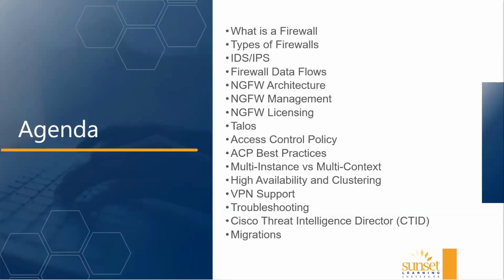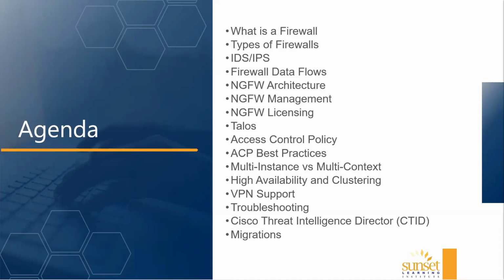So the agenda for today is basically we're going to look at what is a firewall, types of firewalls, intrusion detection, intrusion prevention systems, firewall data flow, the next generation firewall architecture, management, licensing. We'll talk a little bit about Talos, and then we're going to talk about access control policies, and that covers all the access control policies that relate to SNORT and the Talos feeds.